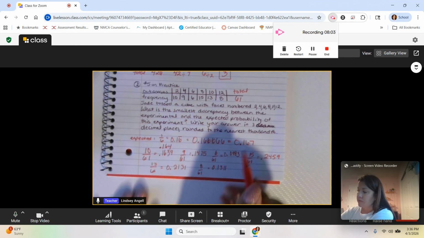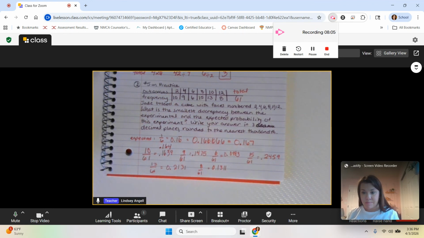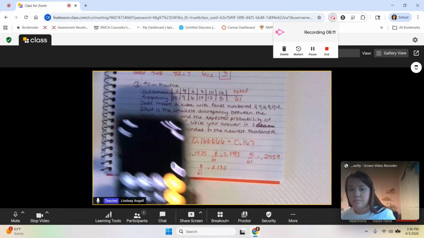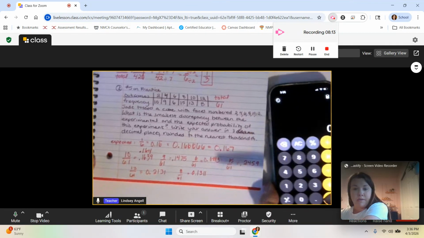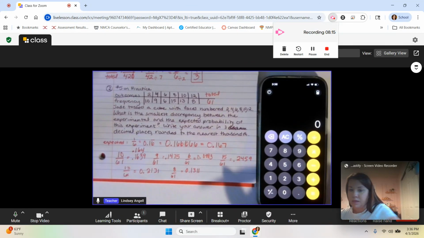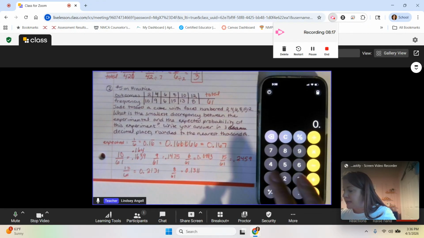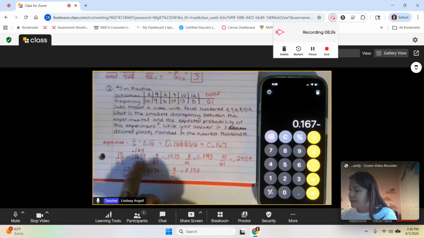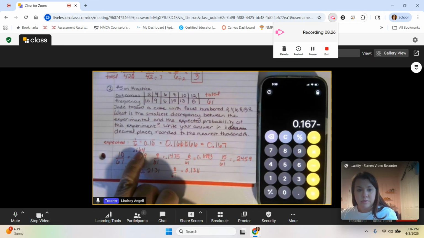0.164. And so to find the discrepancy between the two, we would take the expected probability, which is 0.167, and then subtract the one with the lowest difference.